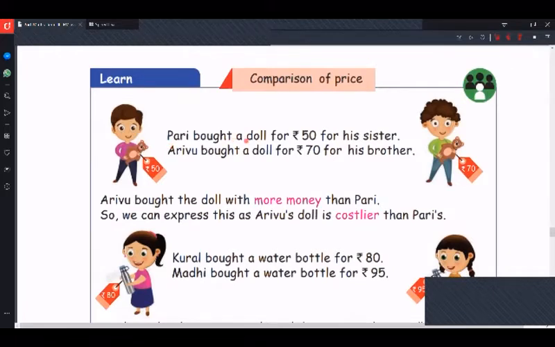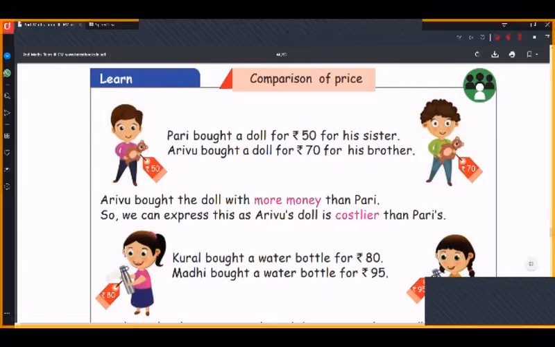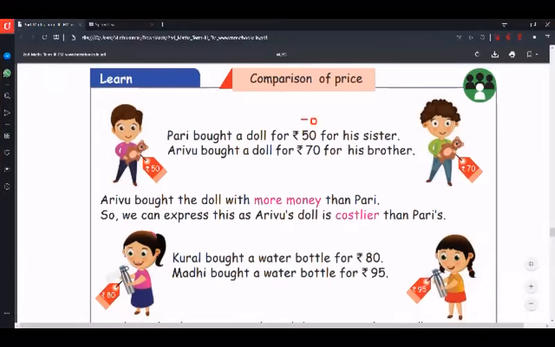Pari bought a doll for rupees 50 for his sister. Arivu bought a doll for rupees 70 for his brother. See here, rupees 50 and rupees 70. Okay, write ones and tens above the number. So how many tens for 50? 5 tens, isn't it?